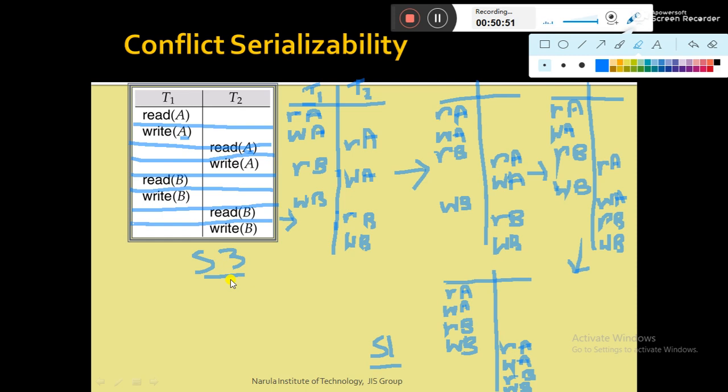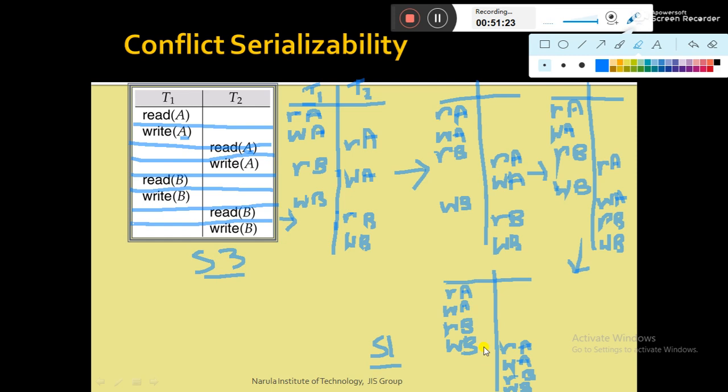Again I am repeating, from S3 after swapping the non-conflicting instructions we are getting S1. That means S3 is conflict equivalent to S1. Now as S1 is a serial schedule, we can say that schedule S3 is conflict serializable. Why conflict serializable? Because after swapping the non-conflicting instructions we are getting a serial schedule. That is why S3 is termed conflict serializable.